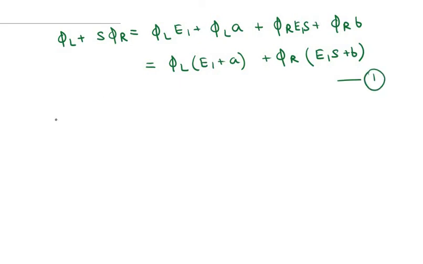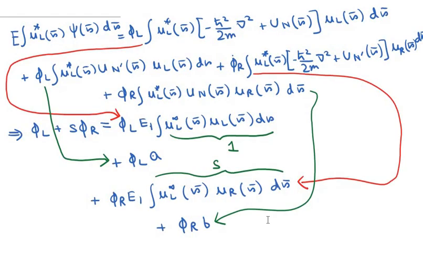Now if we multiply both sides of that Schrodinger's equation by UR and integrate, we will arrive at a second equation. We have an E over here actually, which we forgot to write. So we have an E over here because this E was present here.